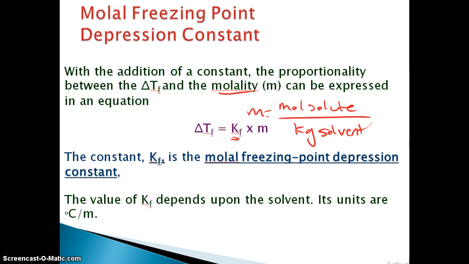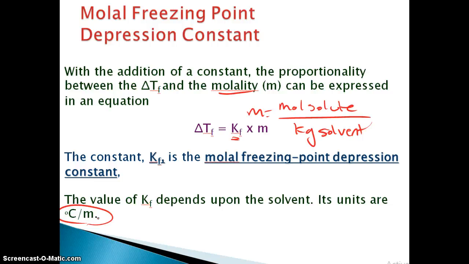Now, this constant is what we call the molal freezing point depression constant, or K sub F, and it depends on the solvent. But its units are always going to be degrees Celsius per molal, and it will be given to you in problems. So I'll tell you the KF of water, or the KF of whatever solvent we're using in that particular problem.